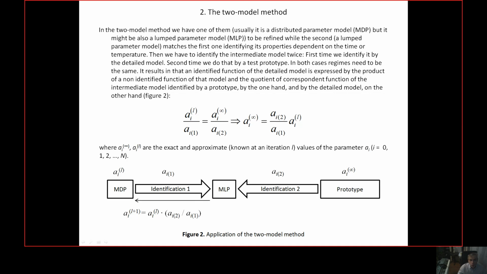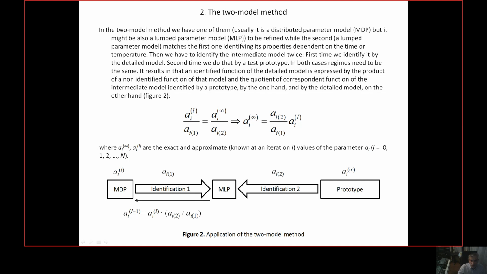Then we have to identify the intermediate model twice. First time we identify it by the detailed model. Second time we do that by a test prototype. In both cases, regimes need to be the same.